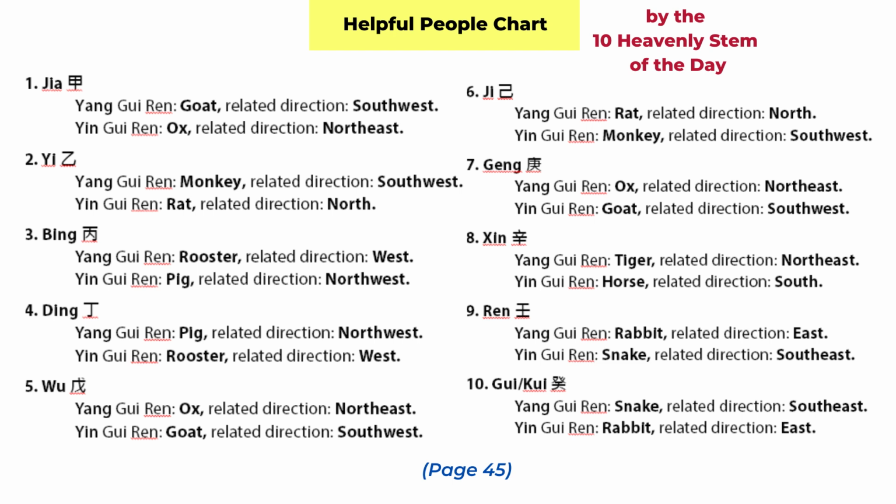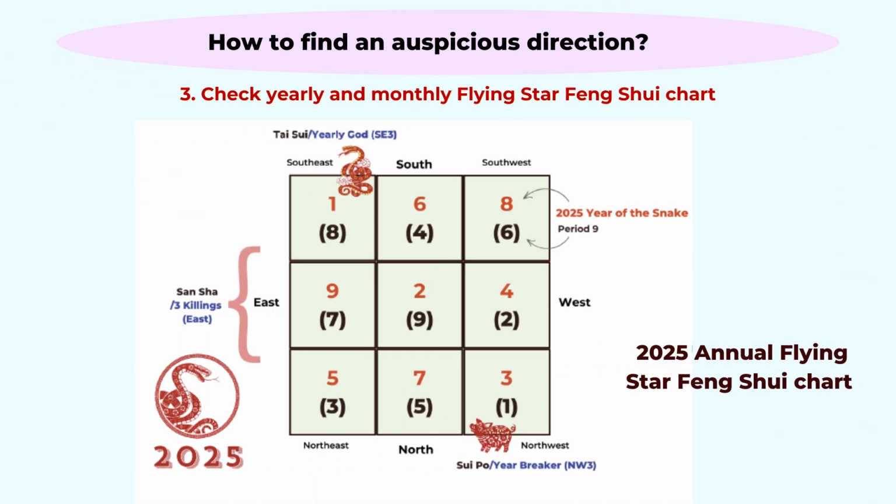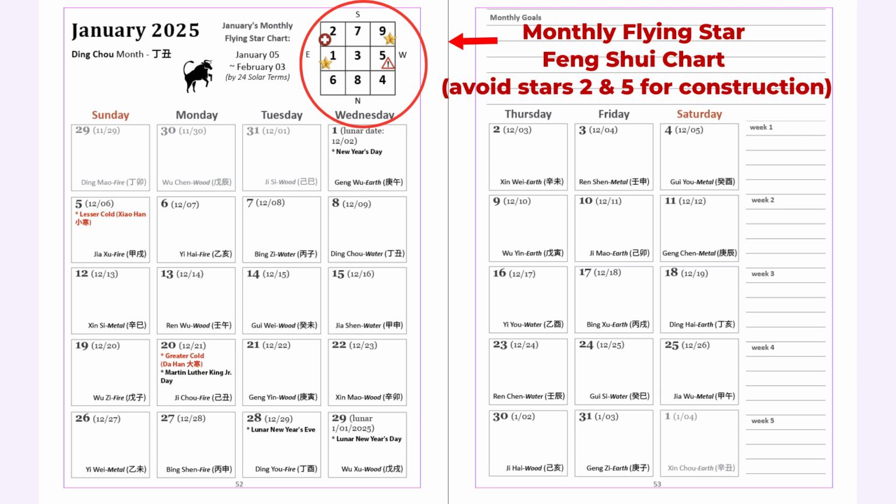a business meeting. The third way to find an auspicious direction is by the Flying Star Feng Shui chart. It can be yearly Feng Shui or the monthly Feng Shui chart. And for the monthly Feng Shui chart, I show that under the monthly section. And we should try to avoid number 2 and number 5 stars for construction.